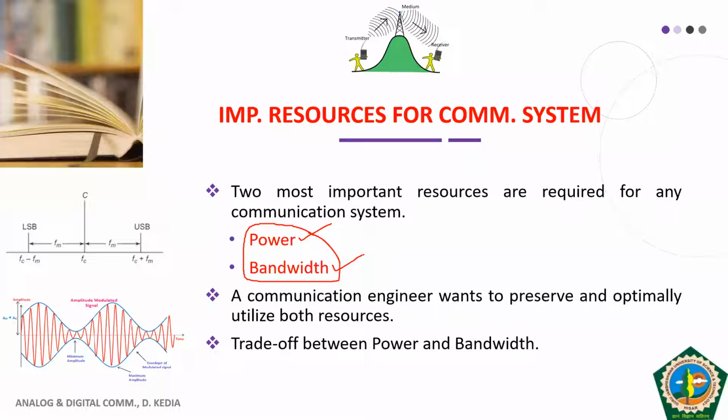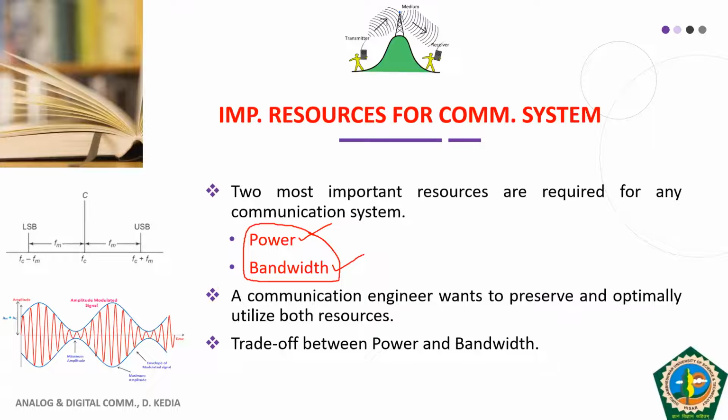So any communication engineer has to first attain power and bandwidth, and only then can he or she think of establishing a communication system. Now let us briefly talk about the meaning of power and the meaning of bandwidth.